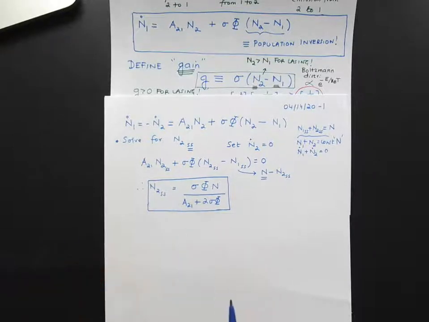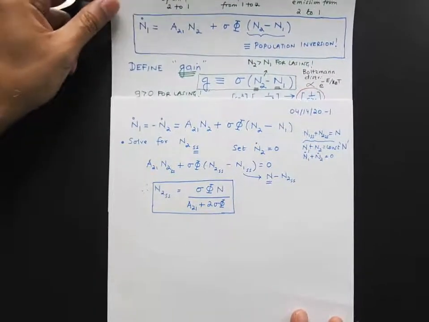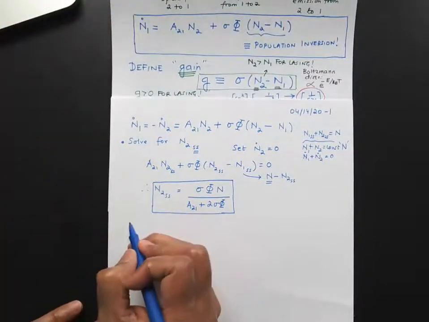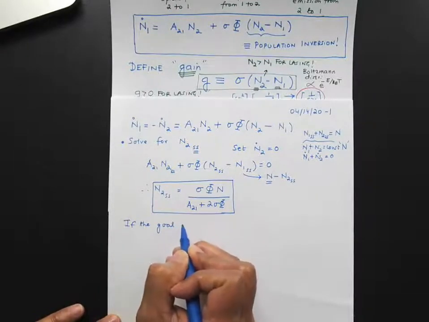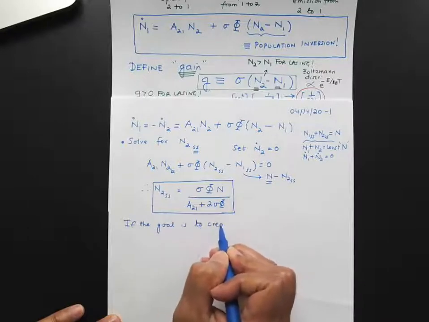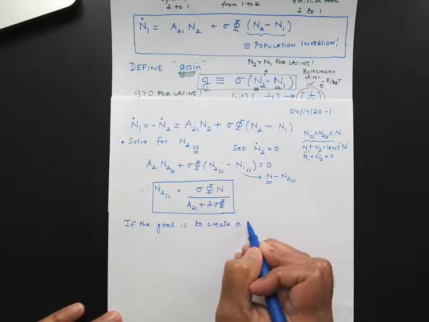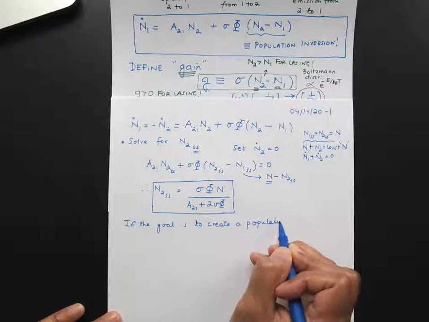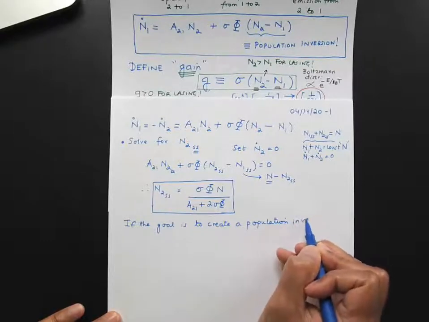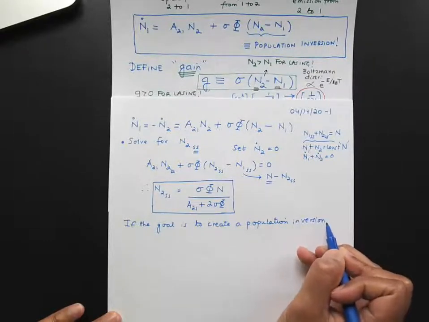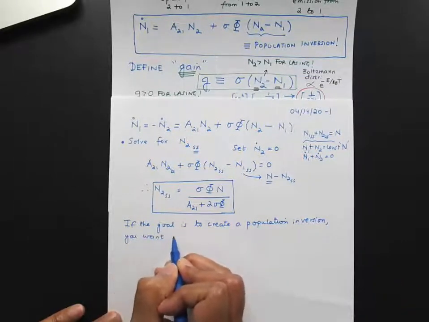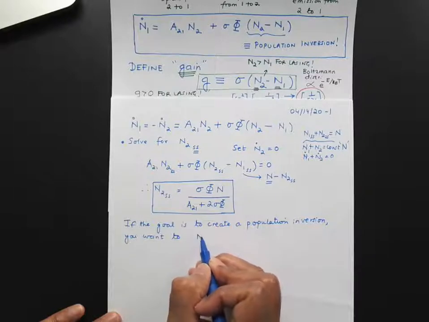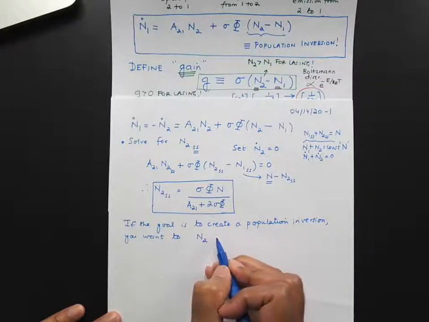So right away, you might say that, well, if the goal is to create a population inversion, to pump up N2, right?